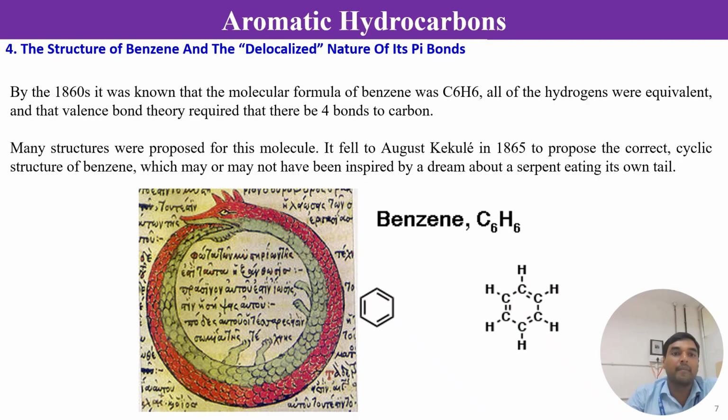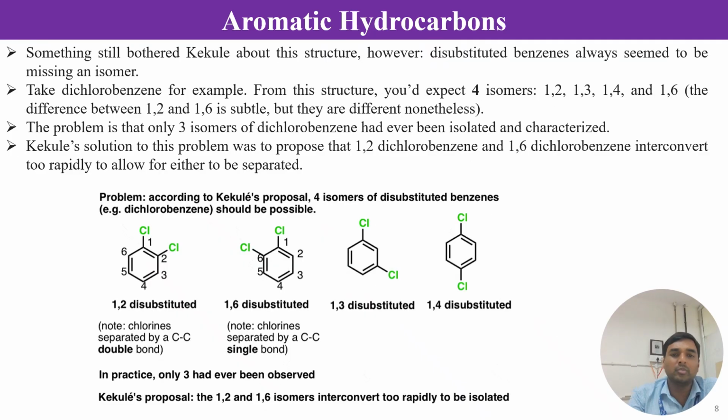It looks like he was inspired by a serpent eating its own tail. So benzene has three alternate double bonds. But the question is why disubstituted benzenes have one isomer less.